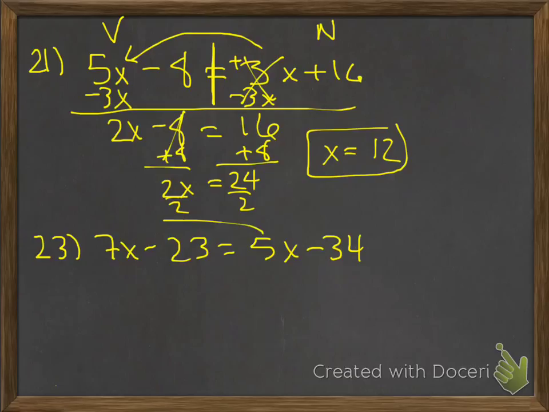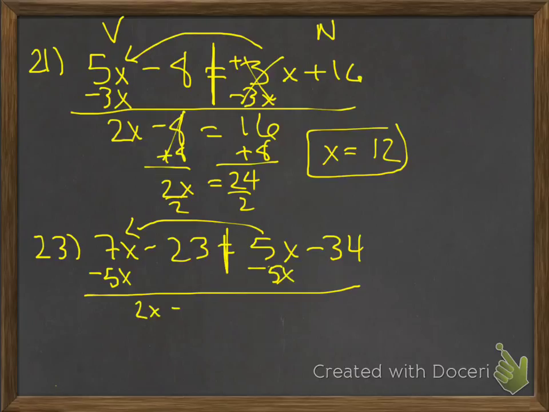So same idea here. I'm going to move this over here. So I'm going to say minus 5x, you get 2x minus 23. Why do I feel like I did another one where I messed up and came up with the wrong answer? Equals negative 34.